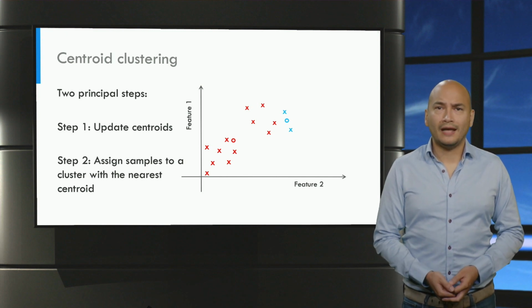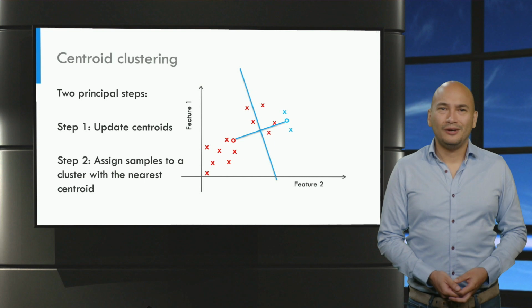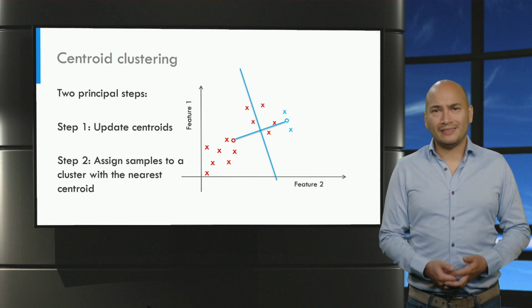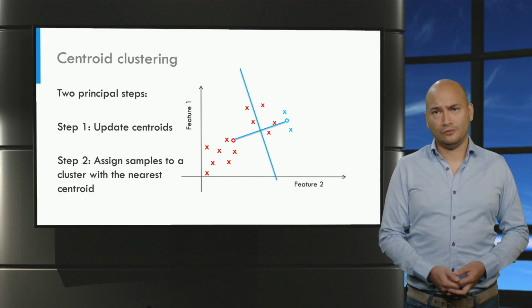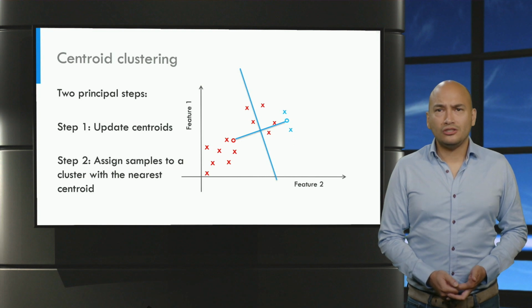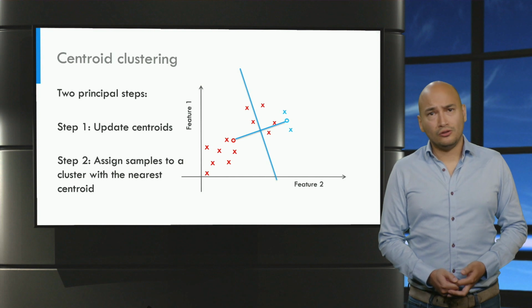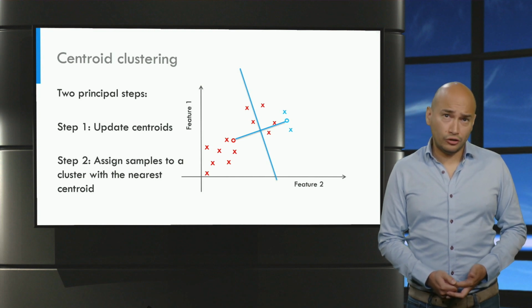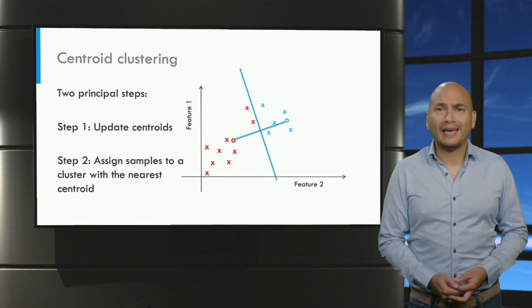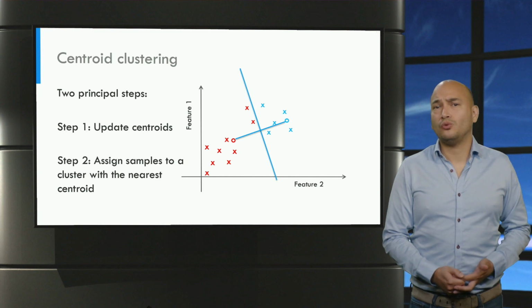Next, we repeat again by assigning data samples to the nearest centroids. We define the new regions, and now you see that there are 3 red samples that are belonging to the blue centroid. Here we update again the color of samples based on the new assignment.